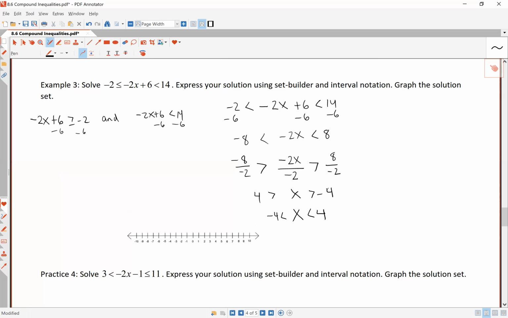And so now we see it's all the numbers x greater than -4 and I've lost my or equal to here. Greater than -4 and less than or equal to 4.